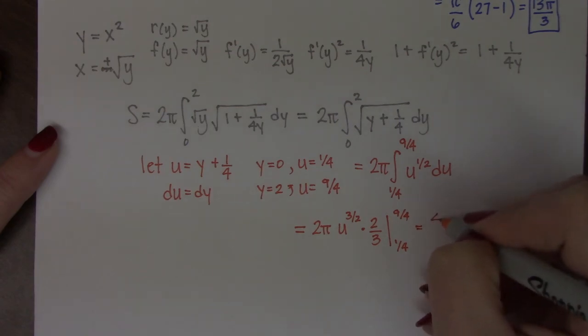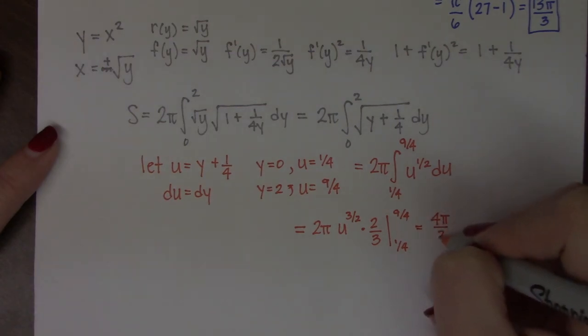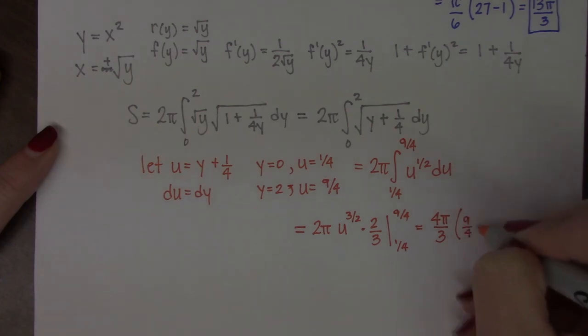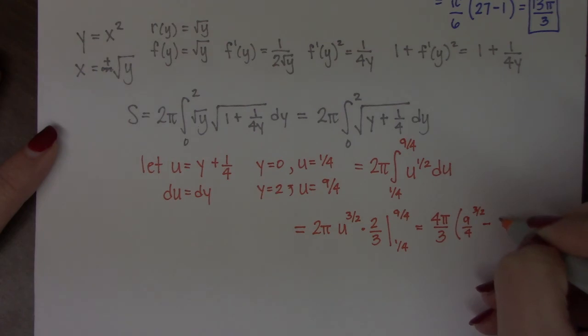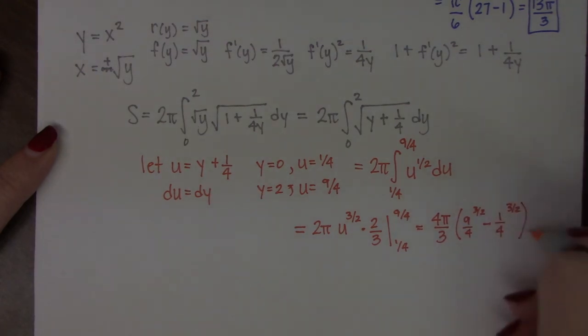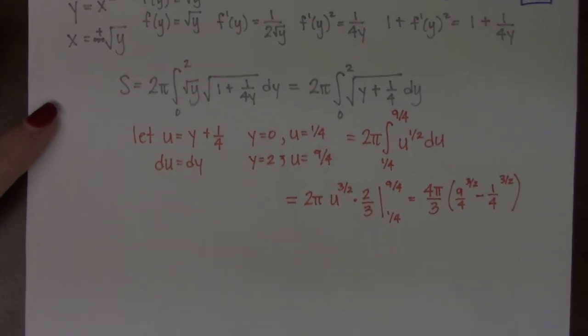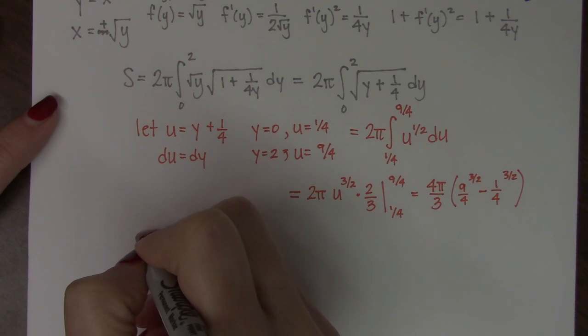And this is going to give me 4 pi over 3 times 9/4 to the 3/2 minus 1/4 all raised to the 3/2. This actually looks a lot grosser because you have to deal with fractions, but it's actually kind of doable because those are both squares.